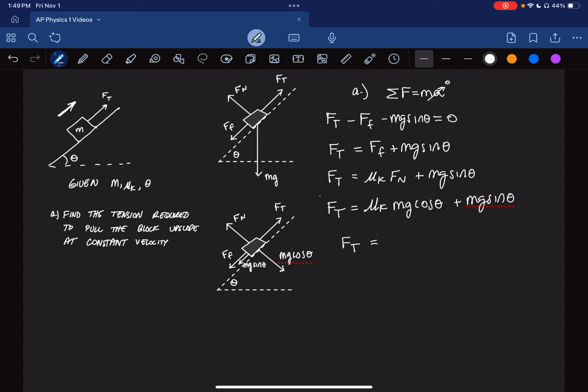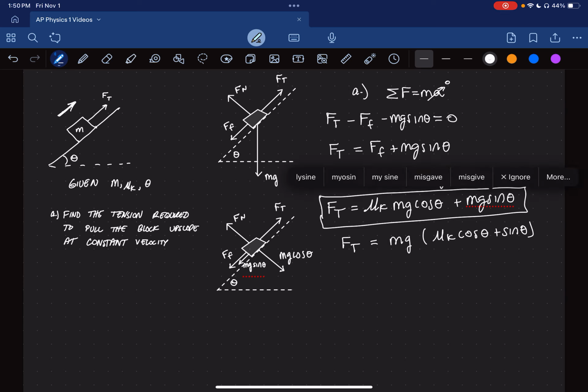This right here is actually perfectly fine. We have everything in terms of mu sub k, mass, g is a fundamental constant, and theta. So that looks good. You could have also written it as mg times mu sub k cosine theta plus sine theta. Cool. That looks good to me.